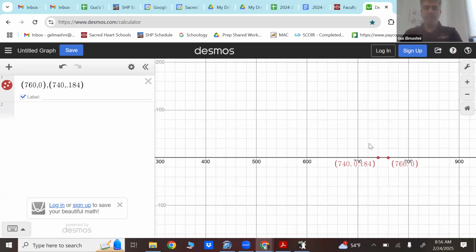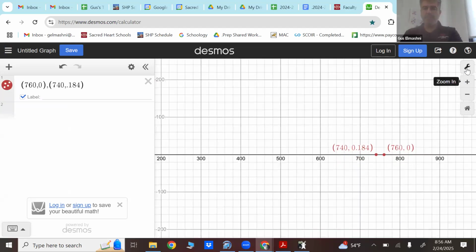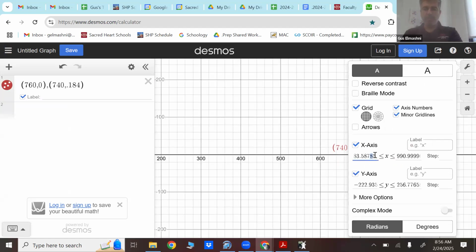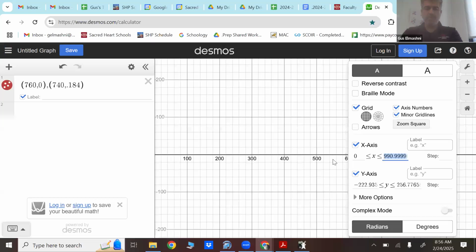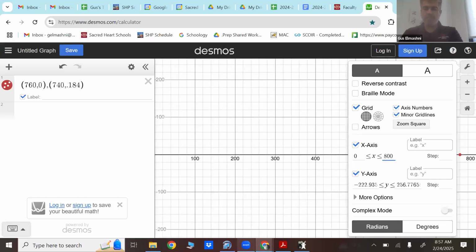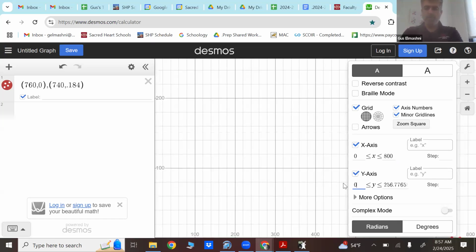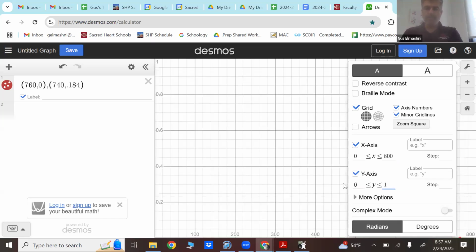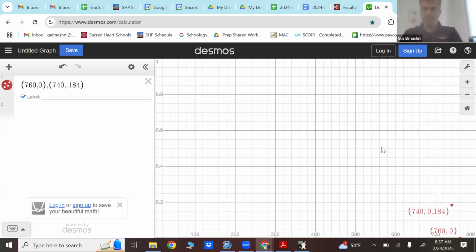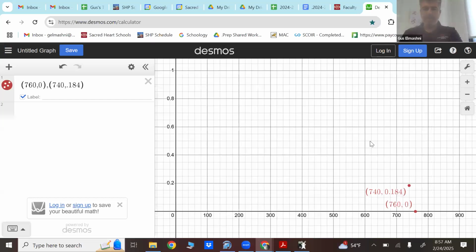Not probably the best. I might need to adjust my scale. So I could probably go from 0 to 800, let's say, and make the step fine. The y would be from 0 to, say, 1. Yeah, it's a little better. Okay.